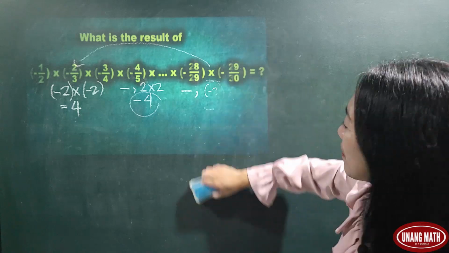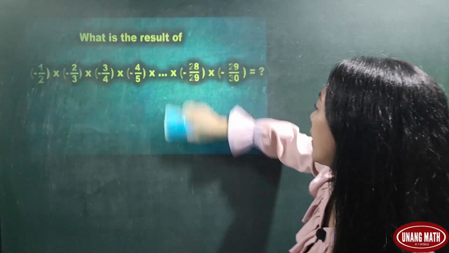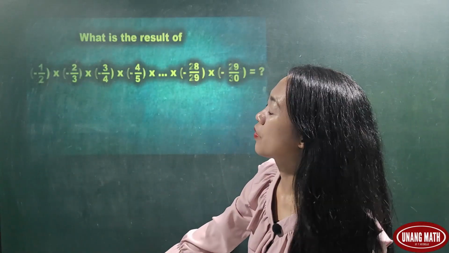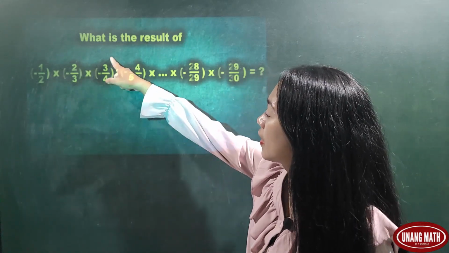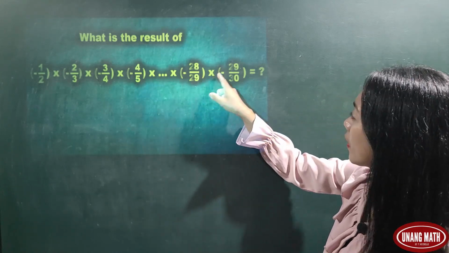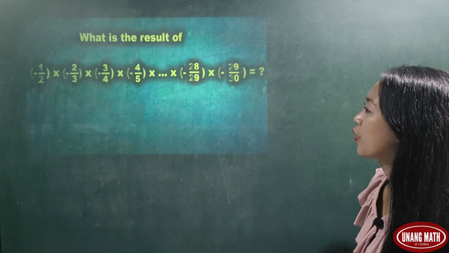Okay, this time, let's answer the following problems. The first problem is, we need to find the result of this one. So we have negative 1/2 times negative 2 over 3 times negative 3 over 4 times negative 4 over 5. Okay, the last number is times negative 29 over 30.